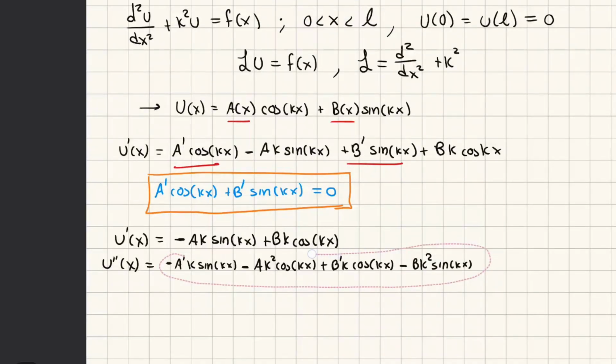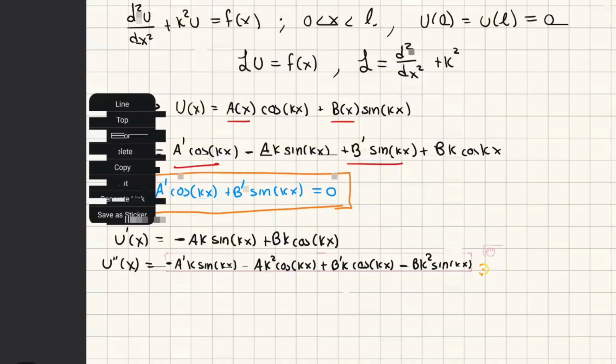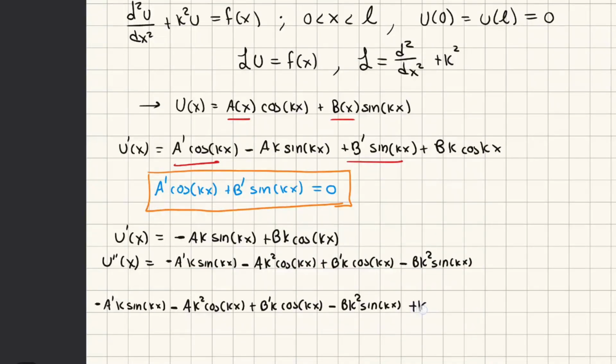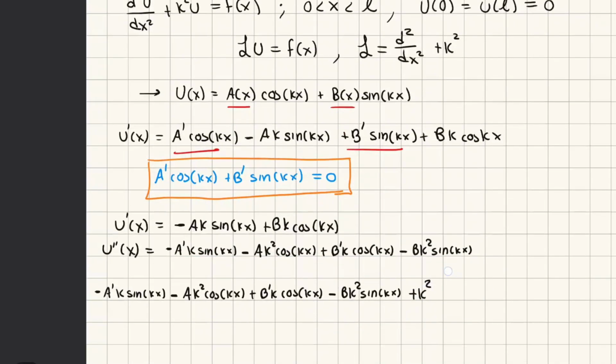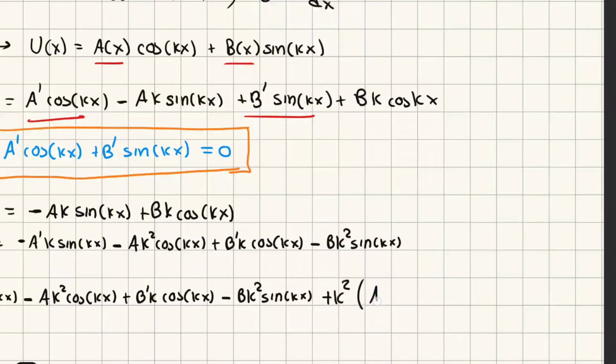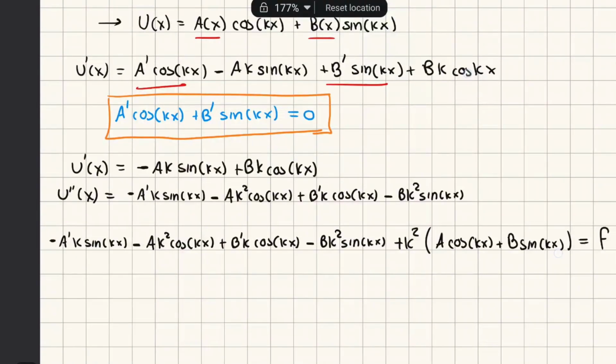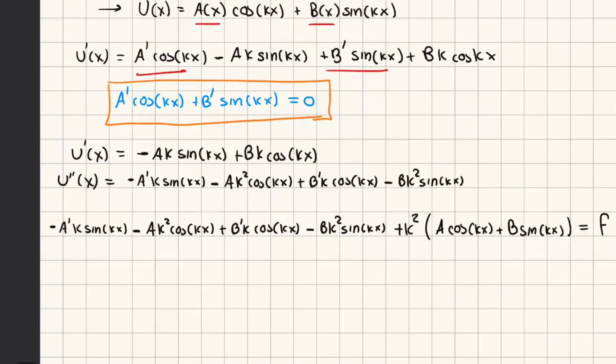Let me copy it, and then plus k squared times u, but u is a cosine of kx plus b sine of kx, and this is equal to f. Perfect. From here, we can notice that this element will be cancelled with this element, and this element will be cancelled with this element.